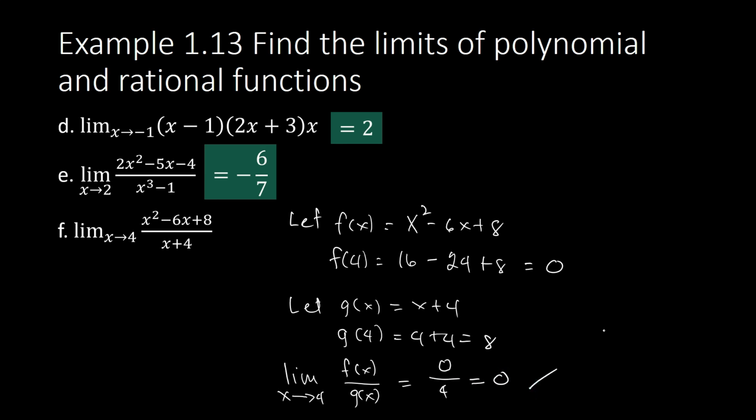So be careful with this. 0 divided by 4 is 0. If this were 4 divided by 0, that is undefined. But 0 divided by 4 is 0.